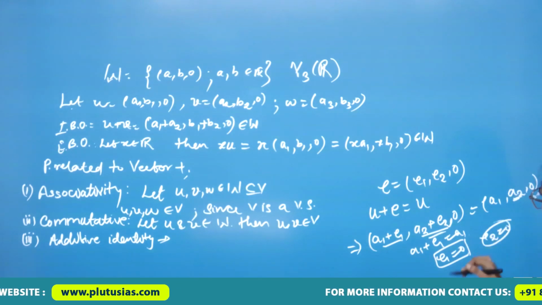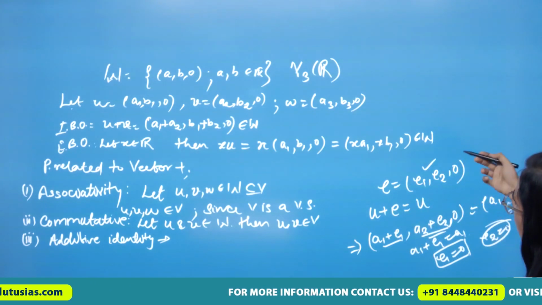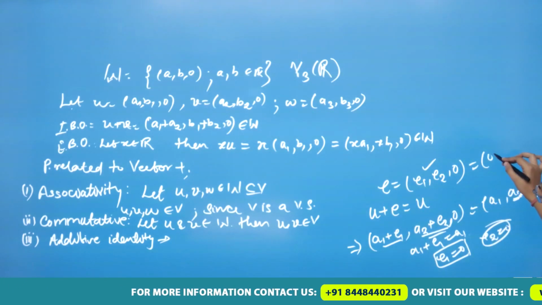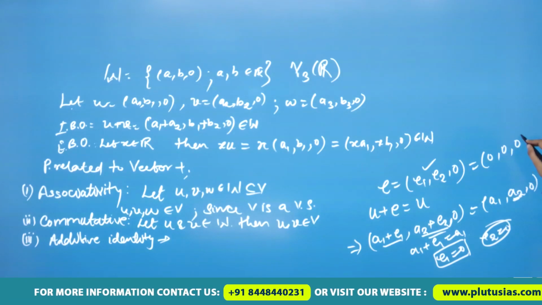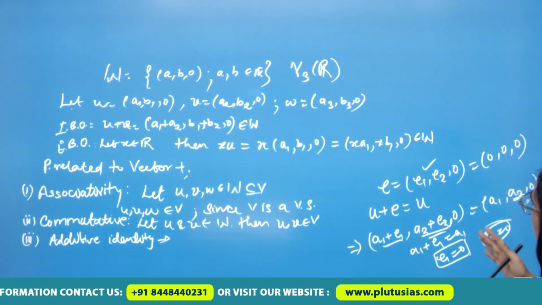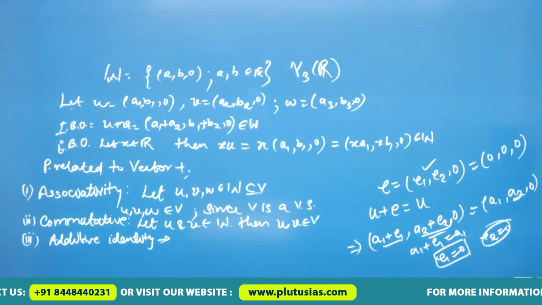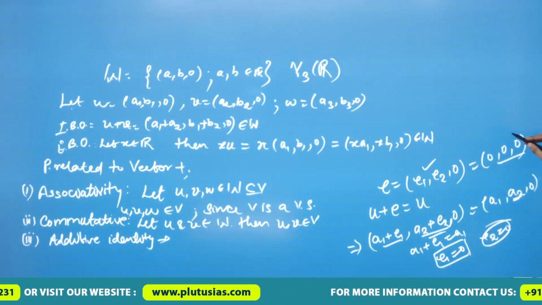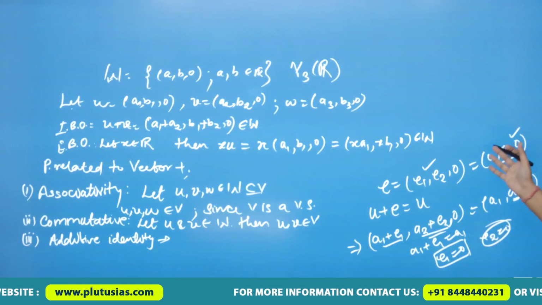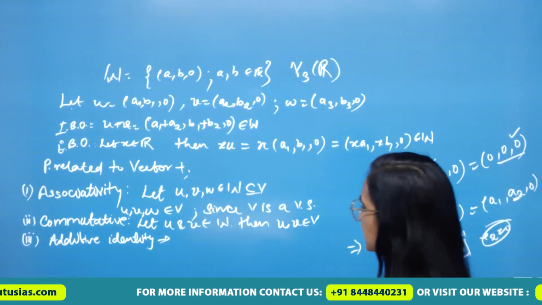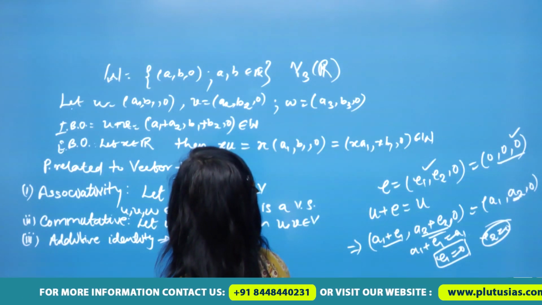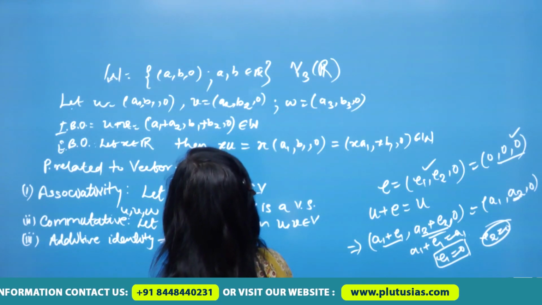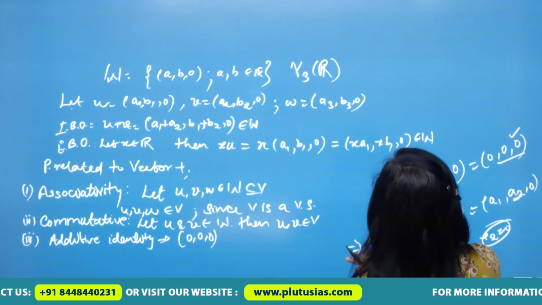So our identity element (e1, e2, 0) turns out to be (0, 0, 0). This is how we find the identity element, and hence all three 0s belong to R, and this is the identity element, right?